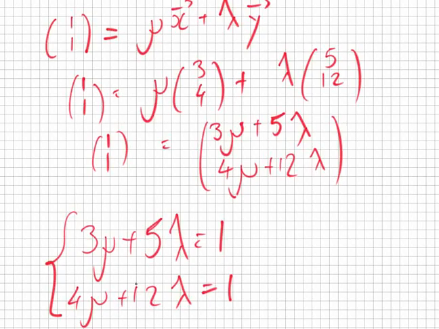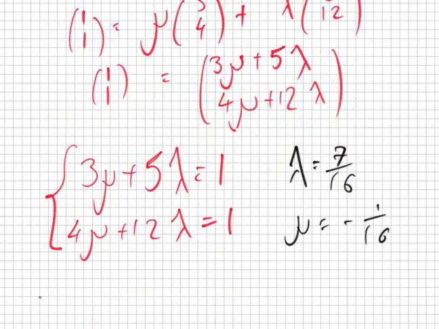Give me the calculator there, and I'll get the lambda and the mu. So if you solve that, you'll get lambda equals 7 over 16 and mu equals minus 1 over 16.